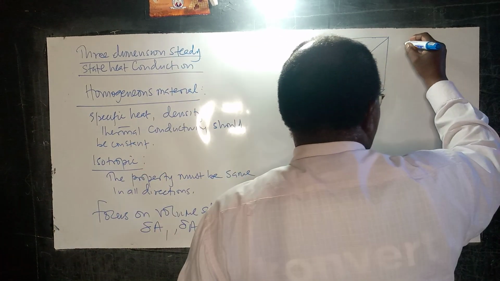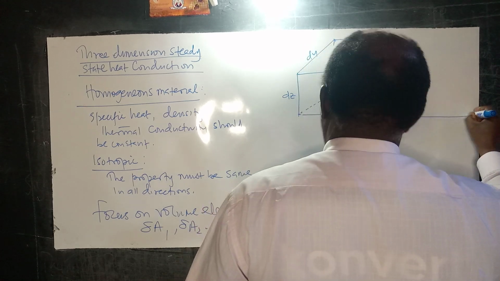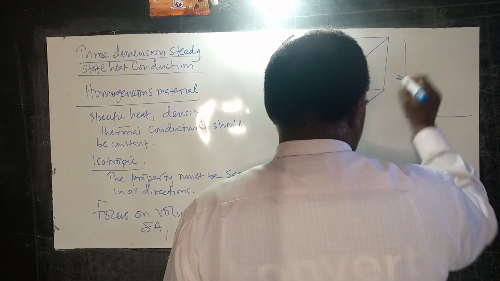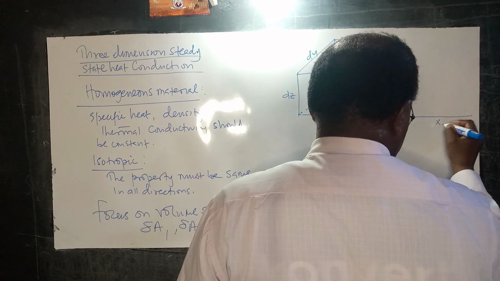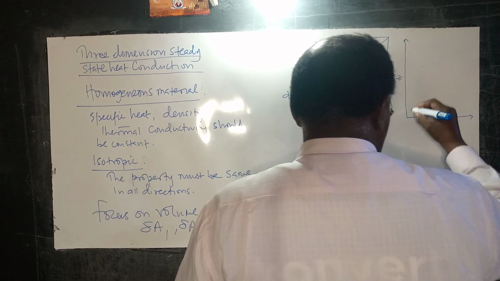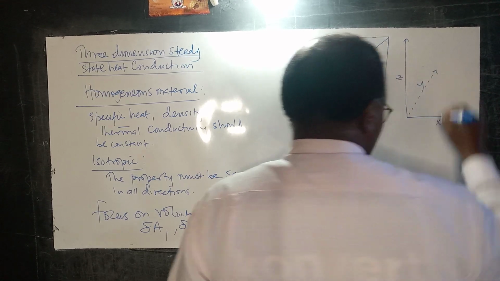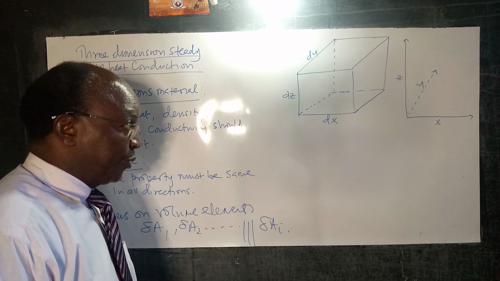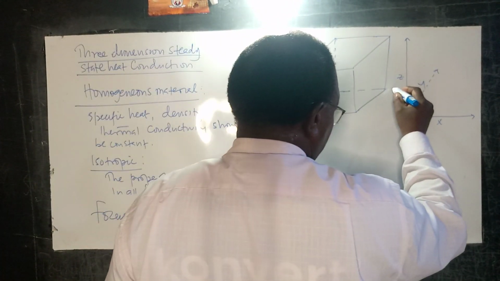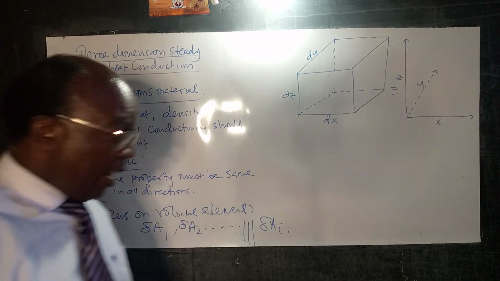And if we transpose it into the Cartesian coordinate system, then this will be our z-axis, this will be our x-axis, and our y-axis.